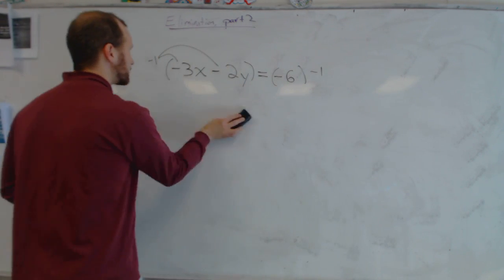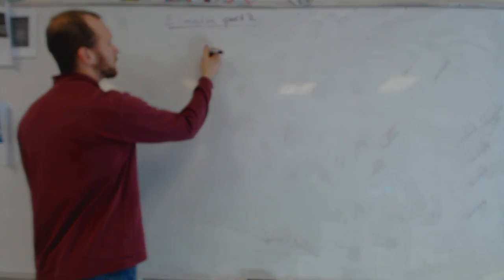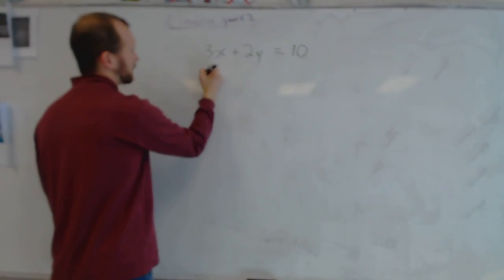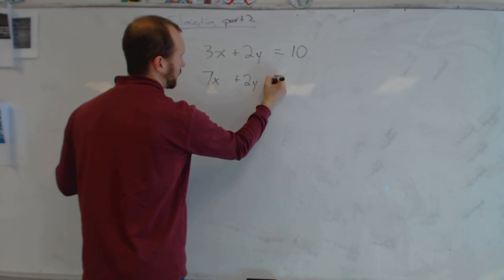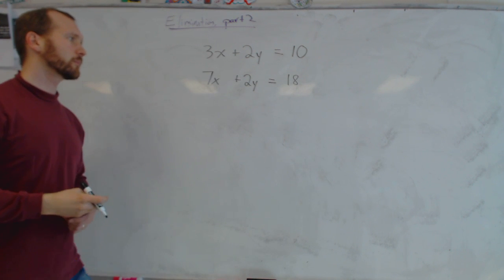So let's say we had a system of equations that looked like this: 3x plus 2y equals 10, and 7x plus 2y equals 18.